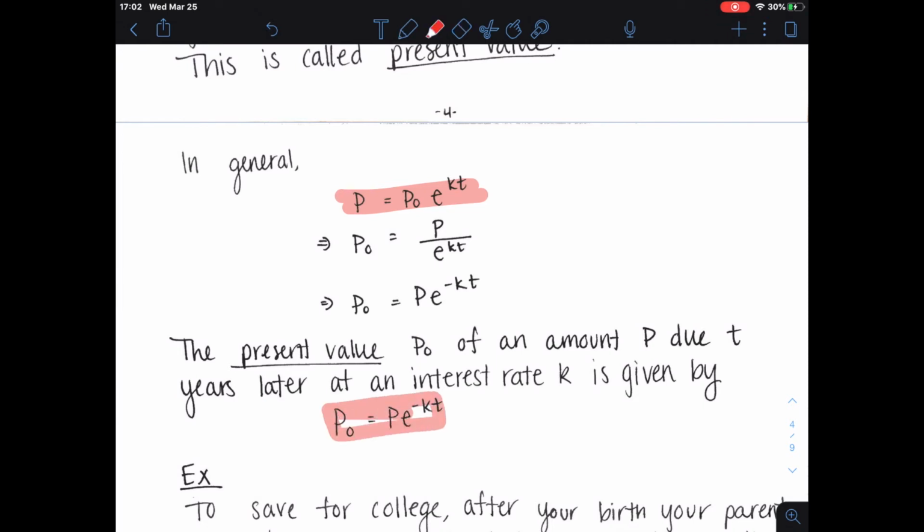All it is is a rearrangement of that continuously compounded interest. But now I can figure out to get $10,000 in 5 years, this is how much I need to invest. So it's just really reversing those roles.